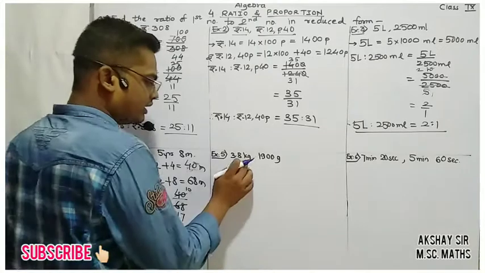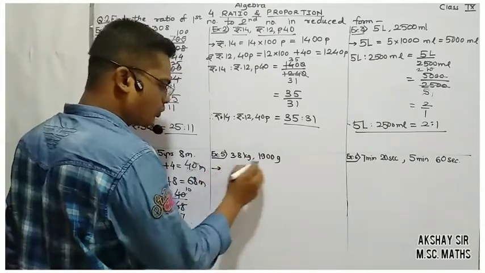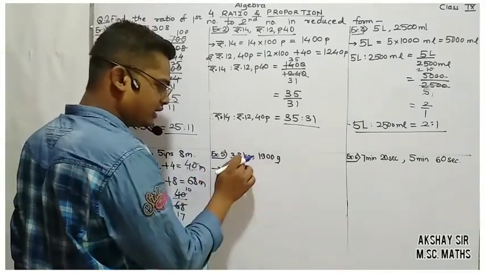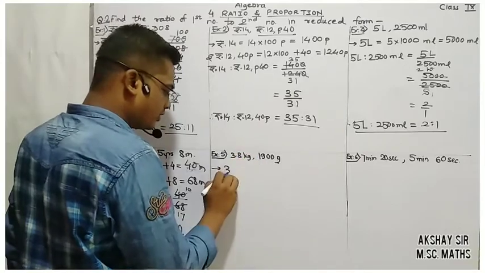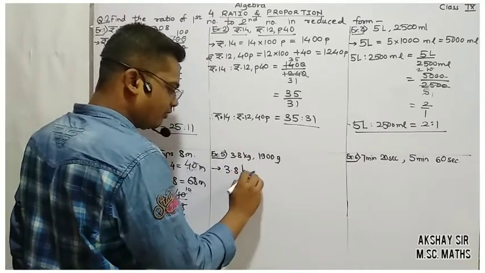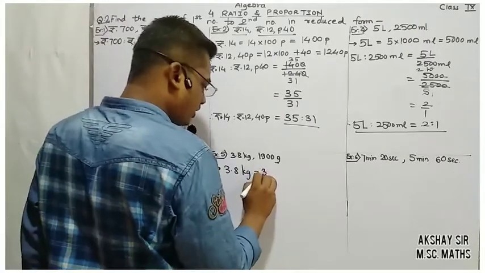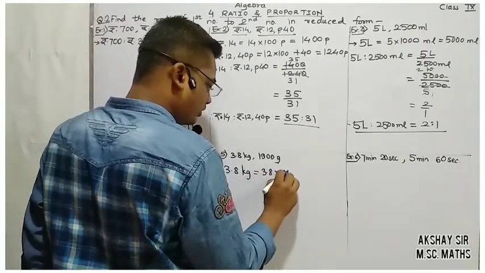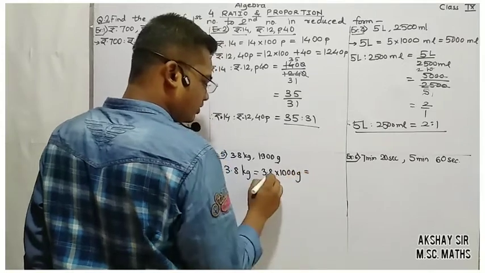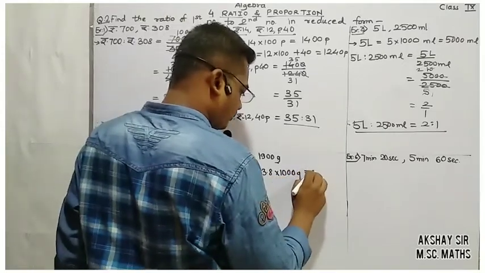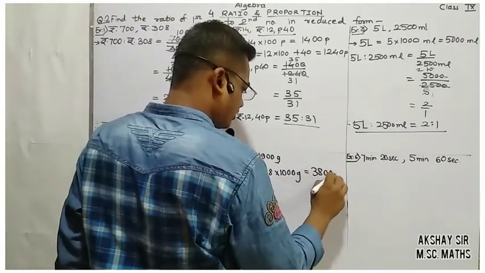Next, fifth one, it is gram and kilogram again. So the smallest quantity is gram. We'll convert this kilogram into gram. So here 3.8 kg will be converted into gram. 1 kg is 1000 gram. So here 3.8 into 1000. Now this is in gram. So point हटा देना है, it will become 3800 gram.